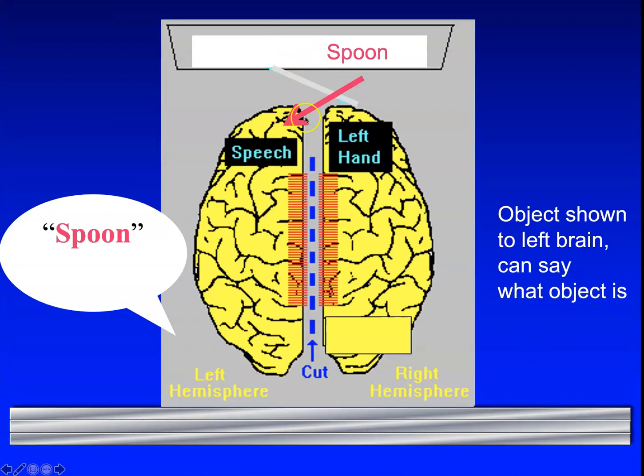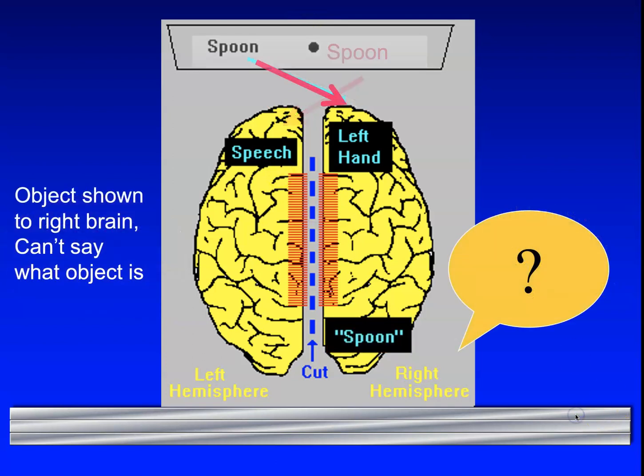So these patients would be staring straight ahead and wouldn't see what's over here. If you see the word spoon on the right visual field, it goes to the left brain. If you ask the patient what did you see, he can say, I saw spoon, because this image is going to the left brain. But if you show the image to the right brain and ask them what did you see, they couldn't say it because simple speech was in the left.